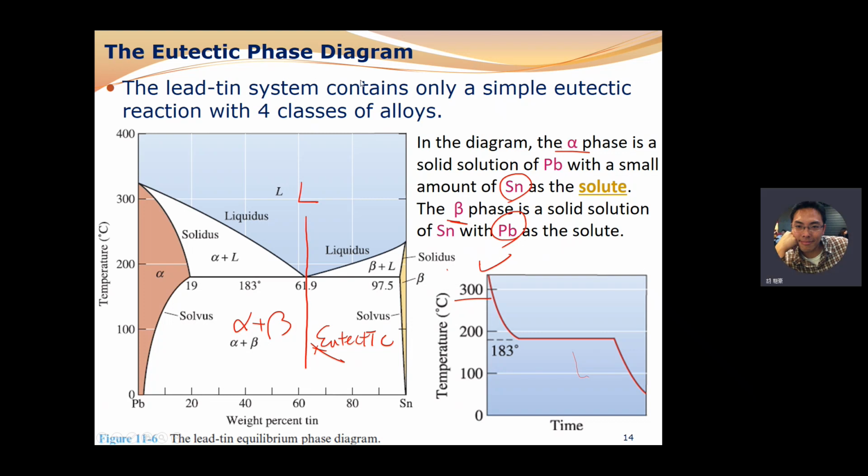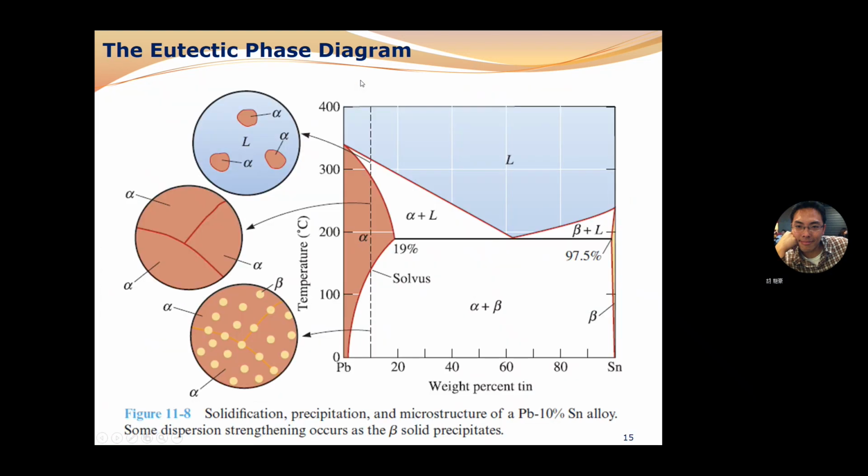Okay, so you might think of this question. Let's look at the eutectic phase diagram of a tin-lead binary phase diagram. Let me pick a composition right here, about 10 weight% of tin, right?